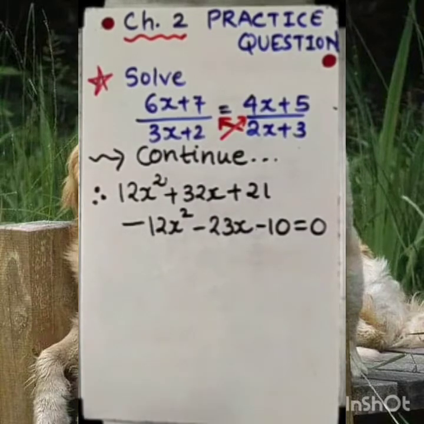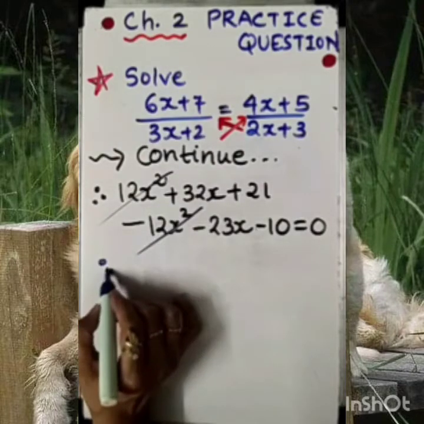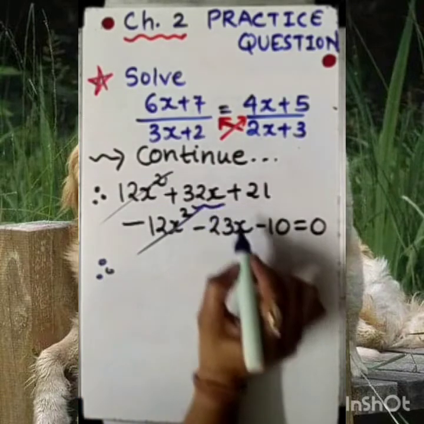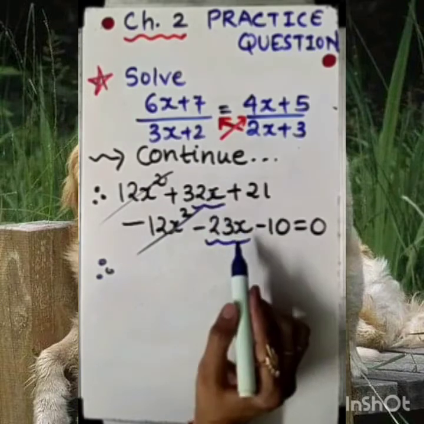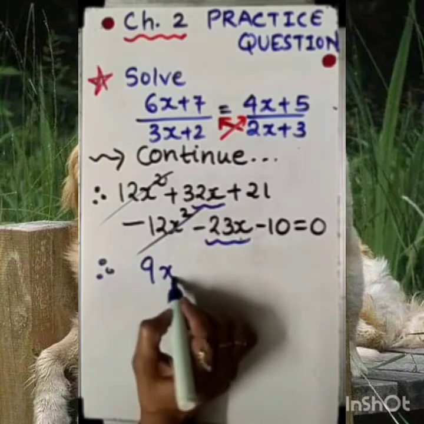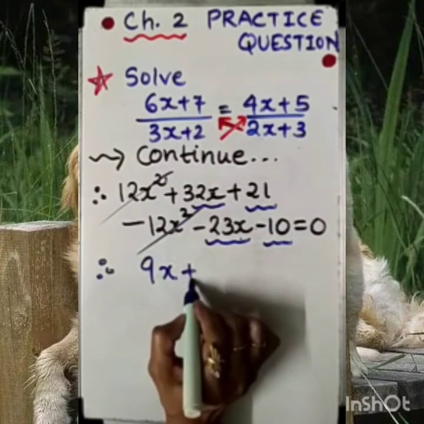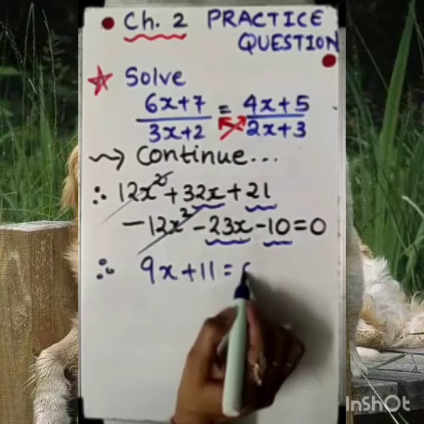So the next step, plus 12x square minus 12x square will be cancelled. Now these two terms are like terms. 32x minus 23x is 9x. Then plus 21 minus 10 is plus 11 equal to 0.